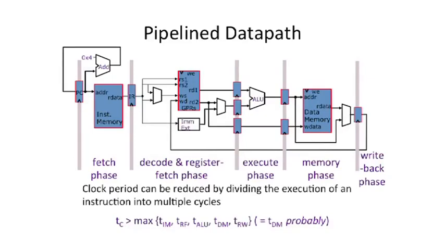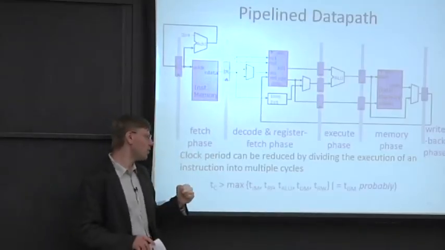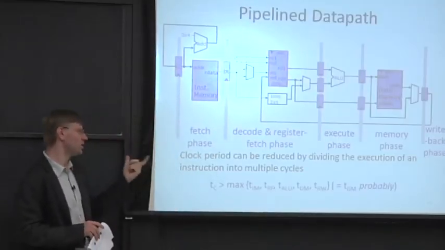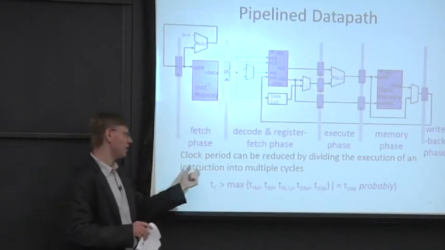Now, I just picked 5 different places here to pipeline this design, but this is not accidental. What we're trying to do is divide what was a long time period and cut it up into smaller chunks. So we're trying to reduce our clock period, and we can do this by dividing the execution up into multiple cycles.